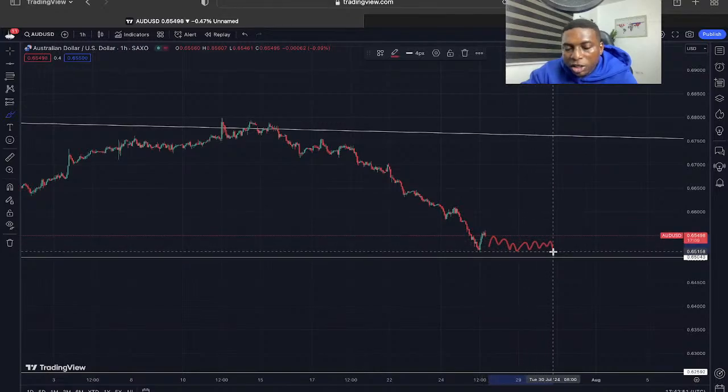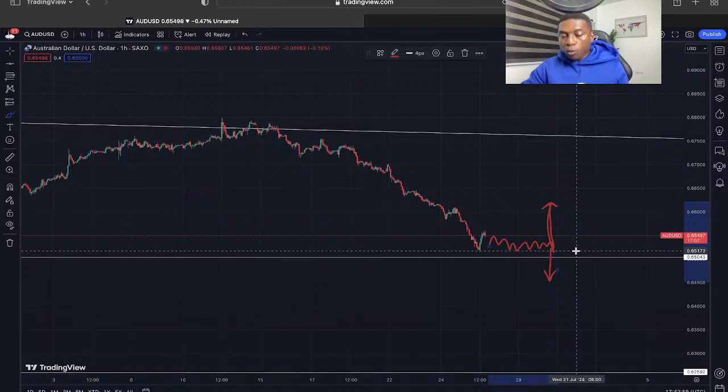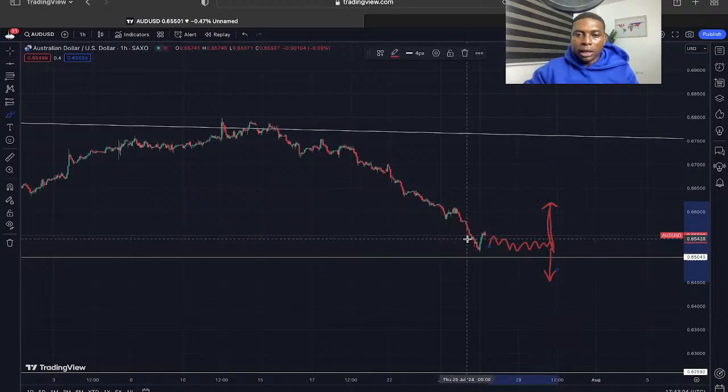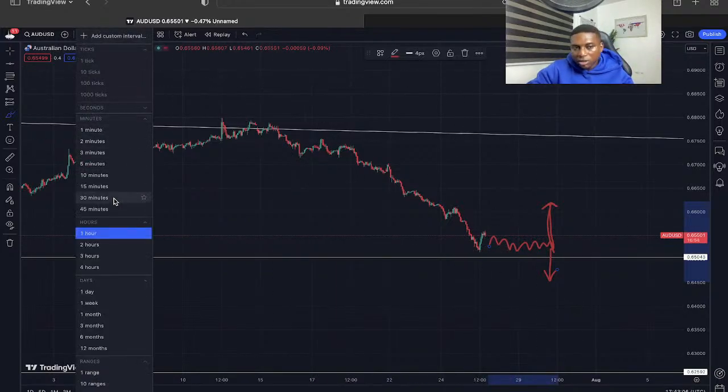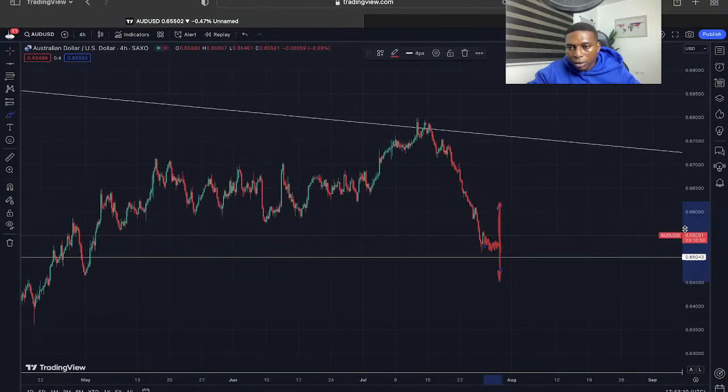This consolidation would either break out to the upside or to the downside, and then a clear direction for Australian USD would be spelled out. But until then, you can just keep an eye on Australian USD. All right. Awesome.